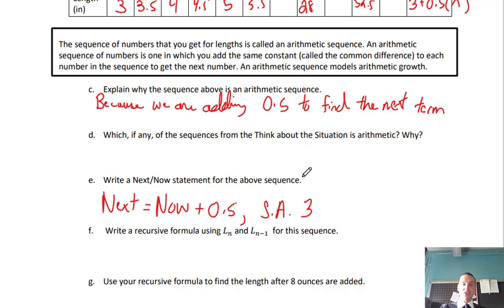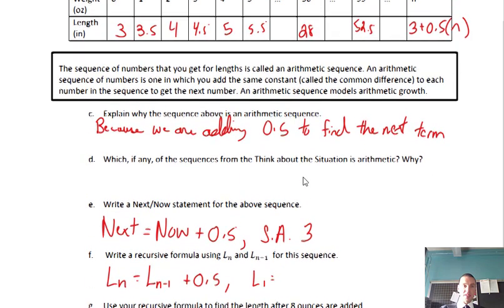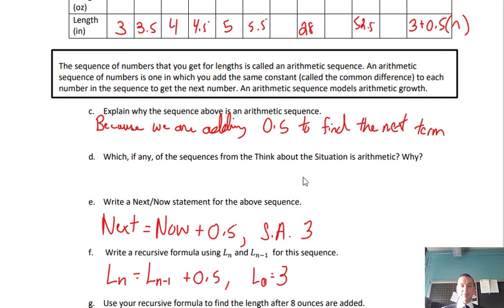How do we write it as a recursive? L sub n equals, so that's our next, now, L sub n minus 1, plus 0.5, comma, L of 1, or in this case, L of 0, equaling 3. Next equals now plus 0.5 starting at 3.